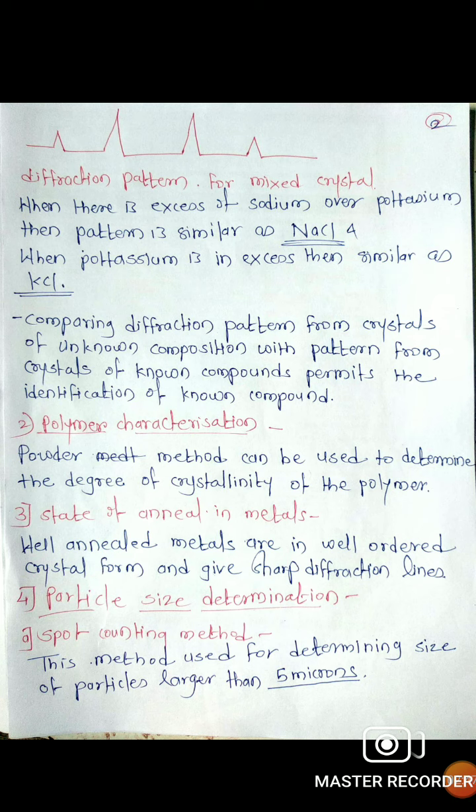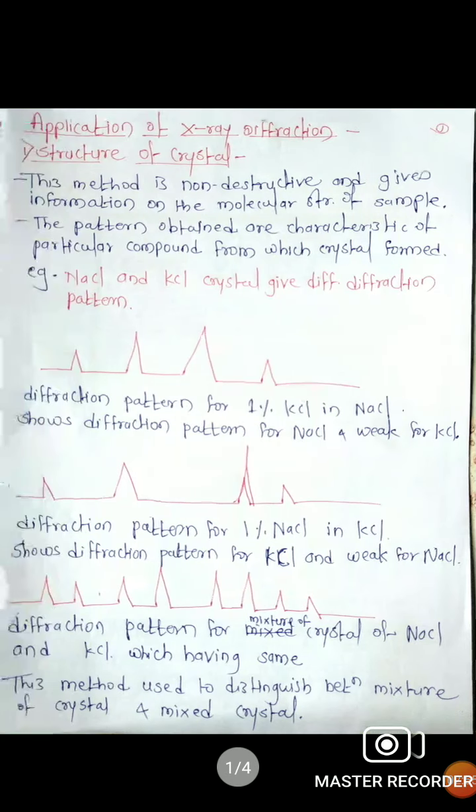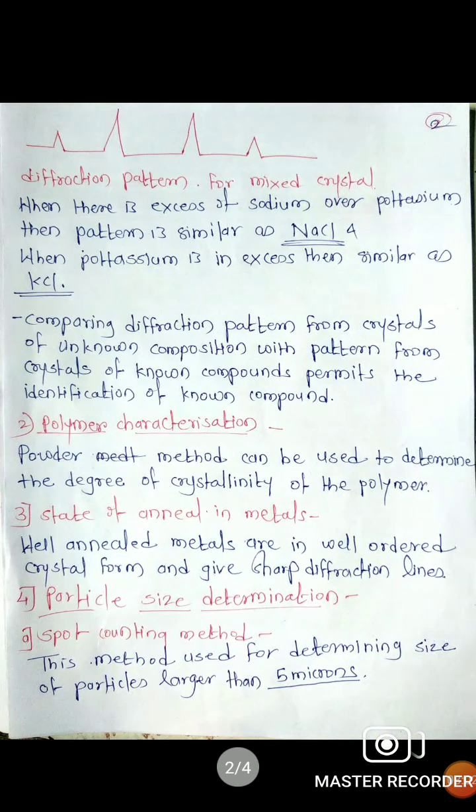When potassium is in excess, it is similar to KCl. This is the diffraction pattern for the mixed crystal, and this is the diffraction pattern for the mixture of crystals of NaCl and KCl.